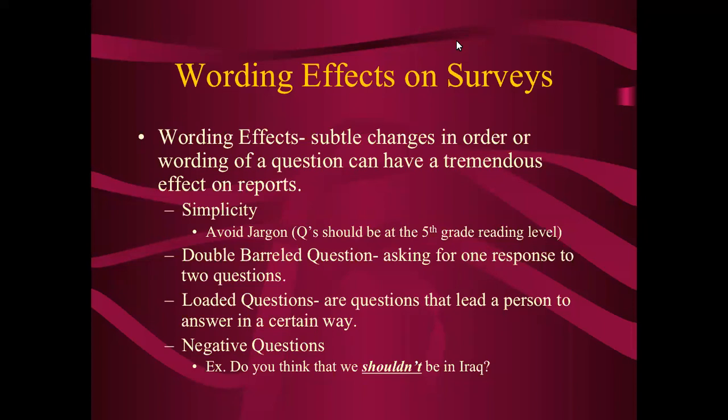Because when you use negative wording or negative questions, you can confuse people and people are going to make a mistake because they have to understand the question and flip it backwards, right? So when we were in the war in Iraq, if I were to say, do you think we should be in Iraq? That is a lot easier of a question to answer than the negative wording question, do you think we shouldn't be in Iraq, right? Because the wording gets confusing.